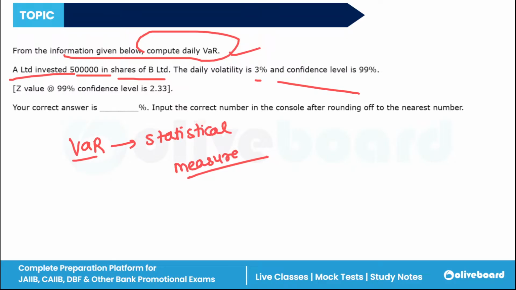So here I can say that it tells this under normal market conditions.